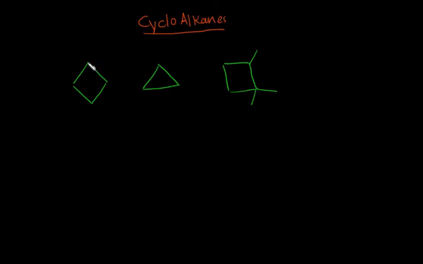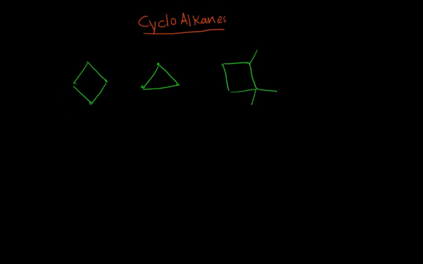You can see here, this is a closed chain consisting of 4 carbons, 1, 2, 3, 4, and this is a triangle of carbons, 1, 2, 3. This is a square but with some branches, so this is 1, 2, 3, 4.